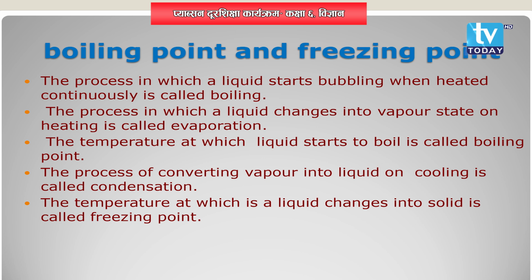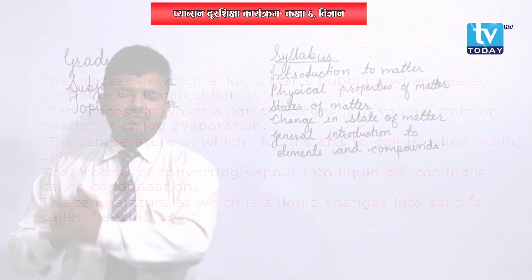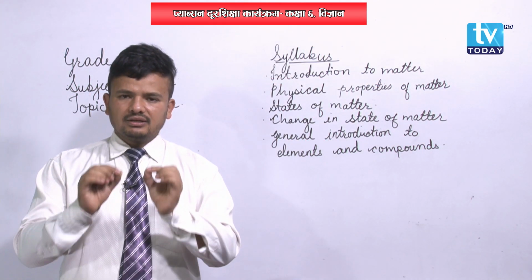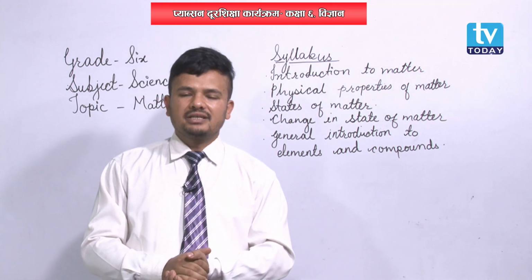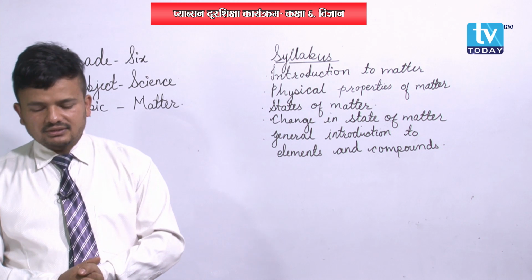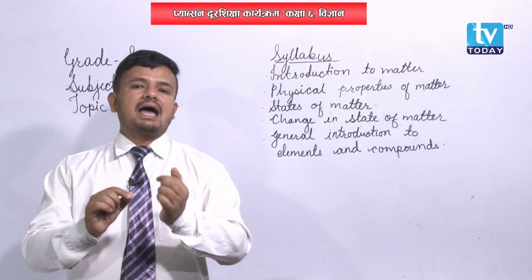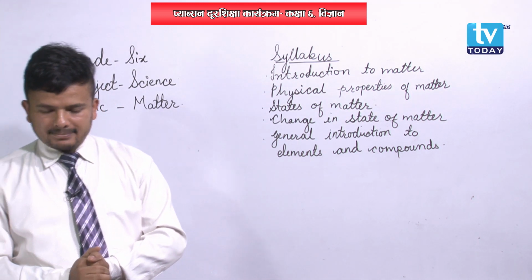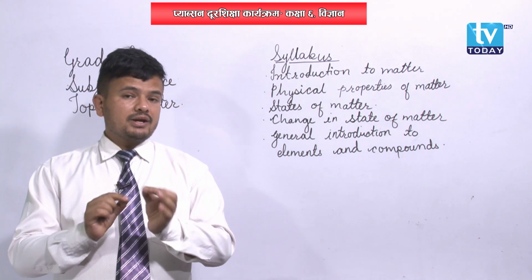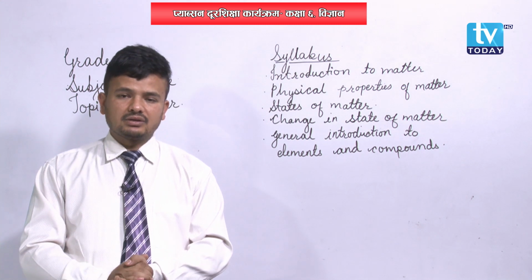The temperature at which the liquid changes into solid form is called freezing point. The freezing point of water is 0 degrees Celsius. That means the water changes into ice at 0 degrees Celsius. Are you clear about the boiling point and freezing point? Note down that.